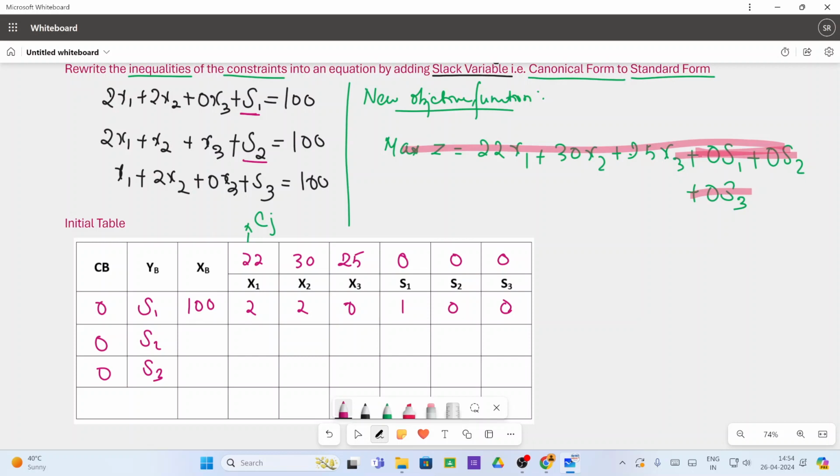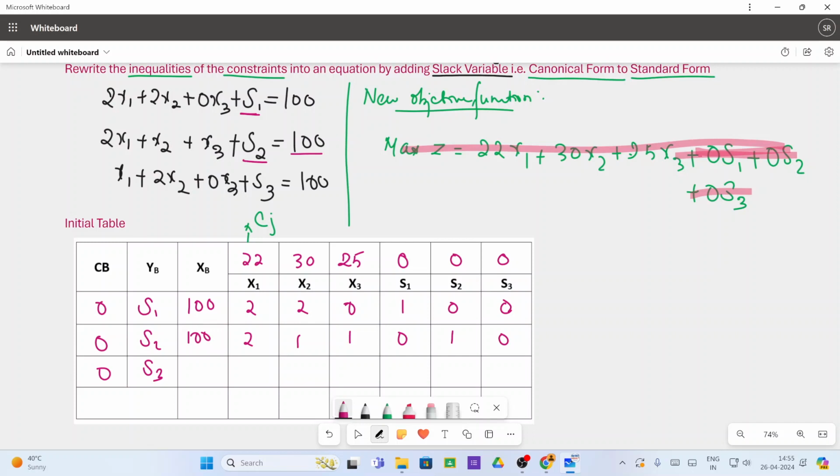The next one is the second equation. The values are 2 for x1, 1 for x2 and 1 for x3. We don't have s1 in that equation, so 0. S2 we have, so it is 1. S3 we don't have, so it is 0. After the equal to, it is 100, so it is 100 in your xb.